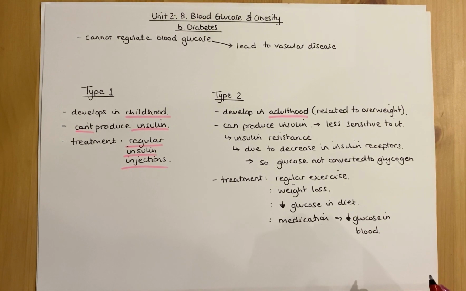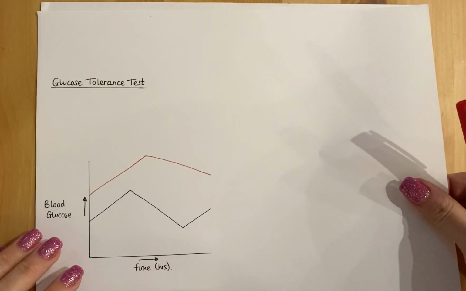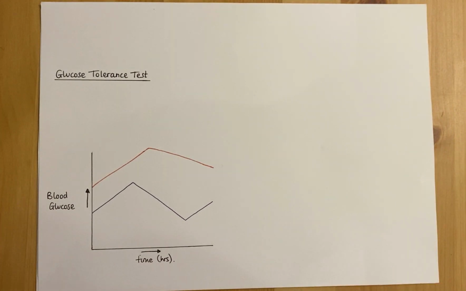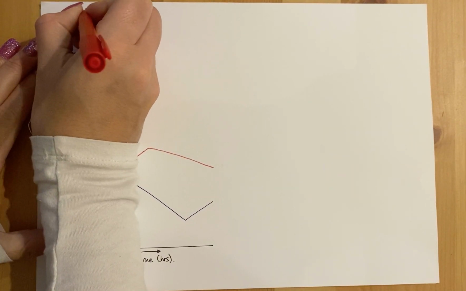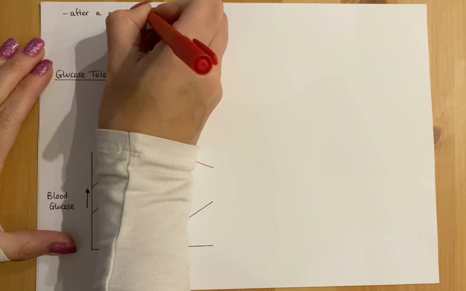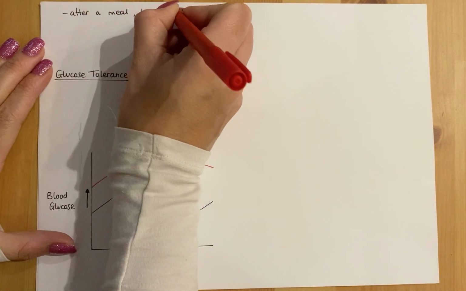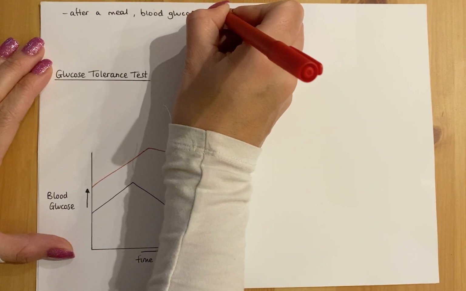Okay, so the next bit we're going to talk about is the issues coming from type 1 and type 2 diabetes, and then the glucose tolerance test. In both types of diabetic, after a meal or an intake of any kind of sugar, blood glucose will rise, and it will rise rapidly.